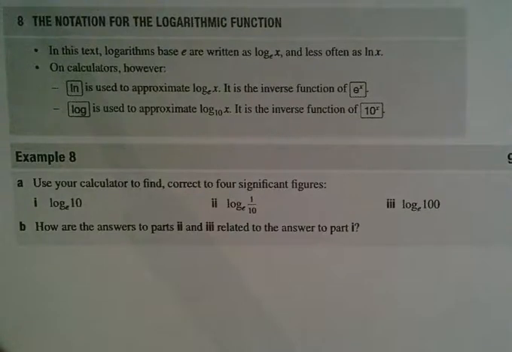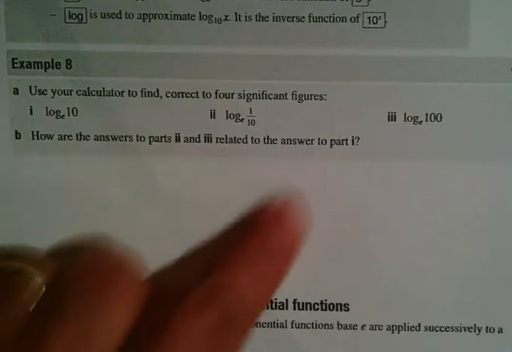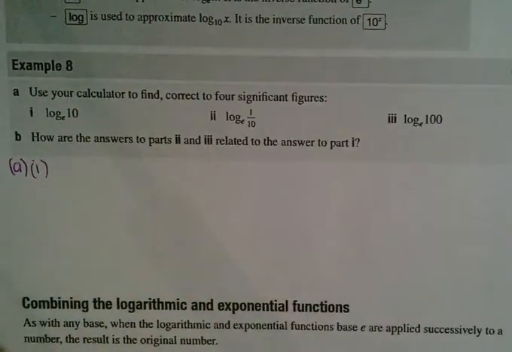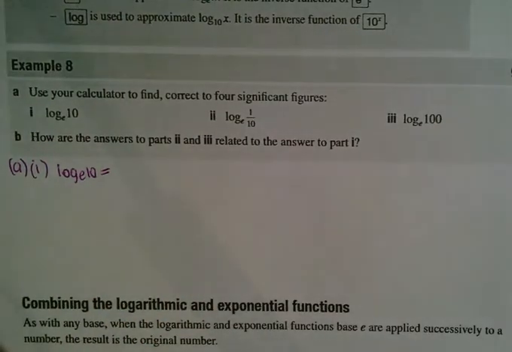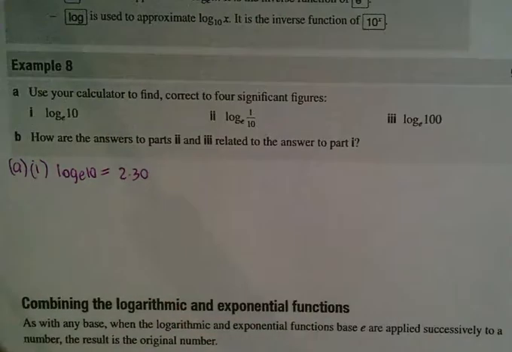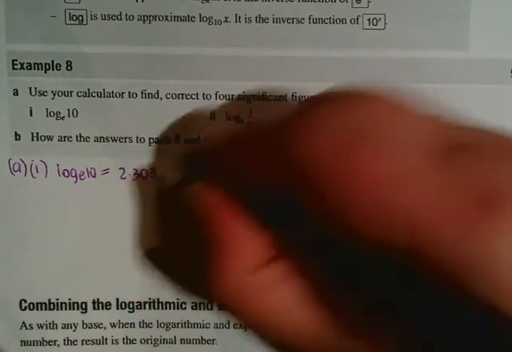Okay, now you can use your calculator here to find these correct to 4 significant figures. So just looking at A part 1, log to the base e of 10 will just be ln of 10 on your calculator. To 4 significant figures, we get 2.303.